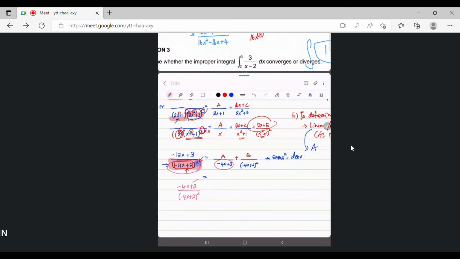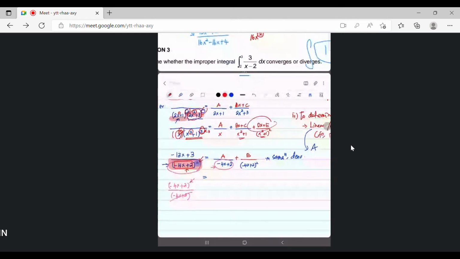So, bila kita bahagi, terbalik. Okay, ambil original denominator, so negative 4x plus 2 squared. You divide with kita punya denominator, so negative 4x plus 2. So bila kita potong, sebenarnya kita hanya kekurangan negative 4x plus 2.